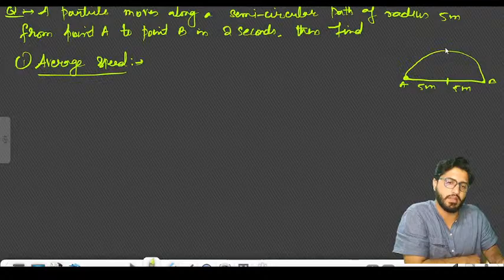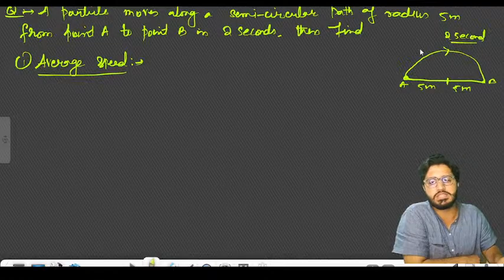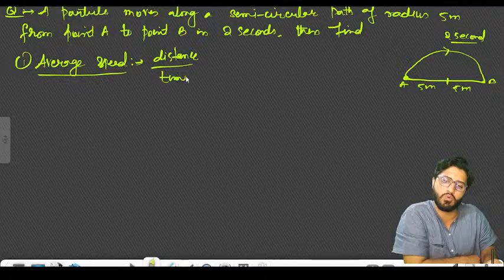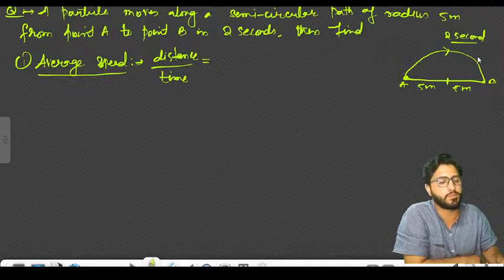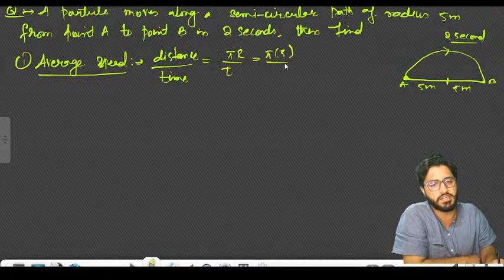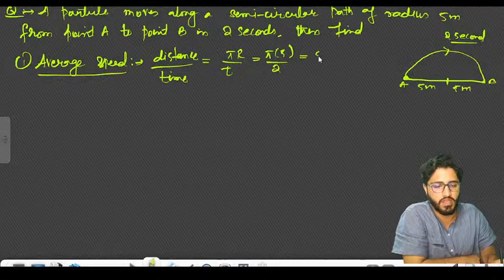A person goes from A to B and time taken is 2 seconds. What is average speed? It is distance by time. What is distance? Sir, 2 pi r is the whole circle, it is pi r only. It is pi into r divided by t. r is 5, t is 2 seconds. It is 5 by 2 pi, that means 2.5 pi meter per second.